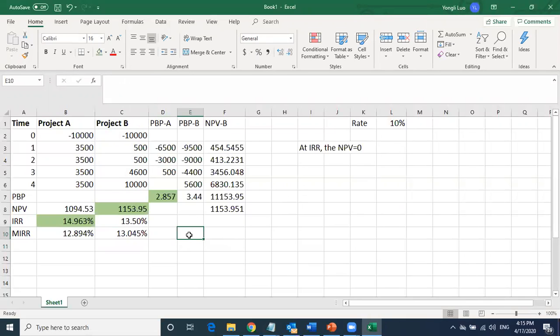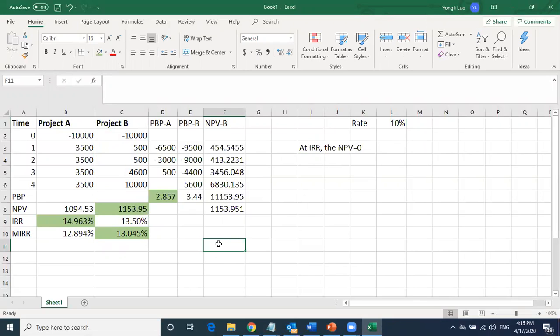For the modified internal rate of return, you can see both of them are greater than 10%, so both are acceptable. And this one is higher if the two projects are mutually exclusive, so you choose the one with the higher modified internal rate of return.